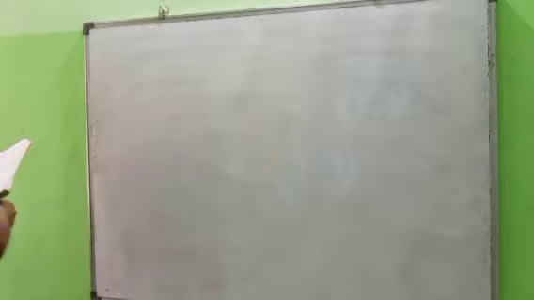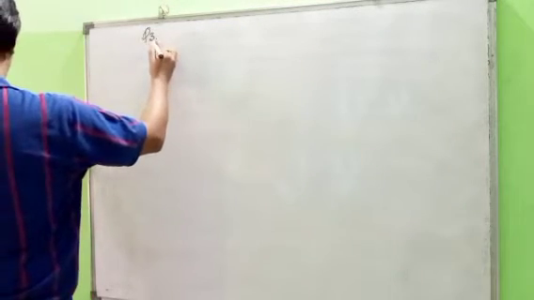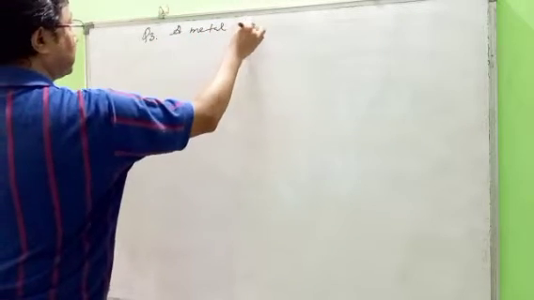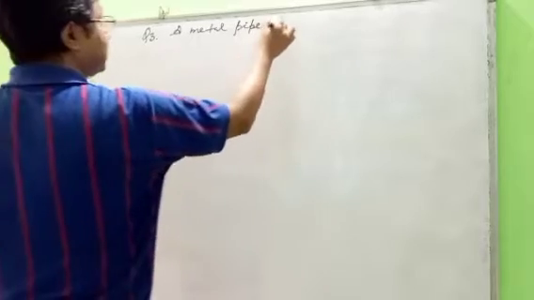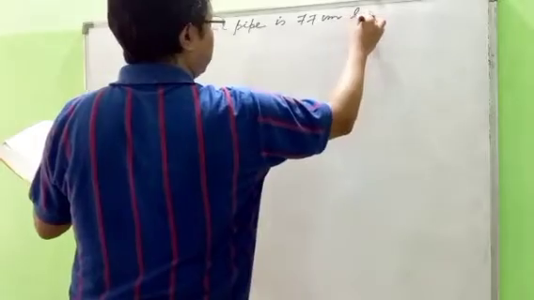Let us take the next one. Question number 3. A metal pipe is 77 centimeter long.